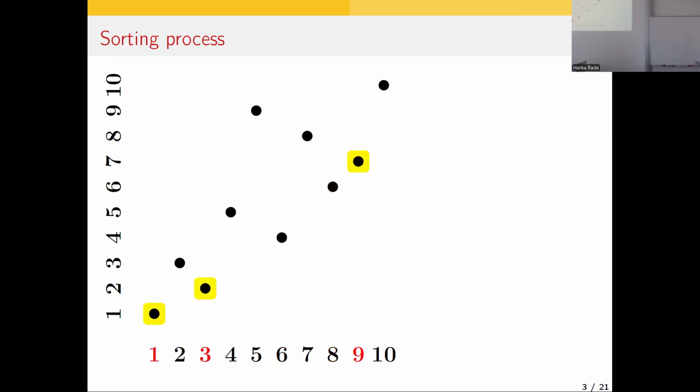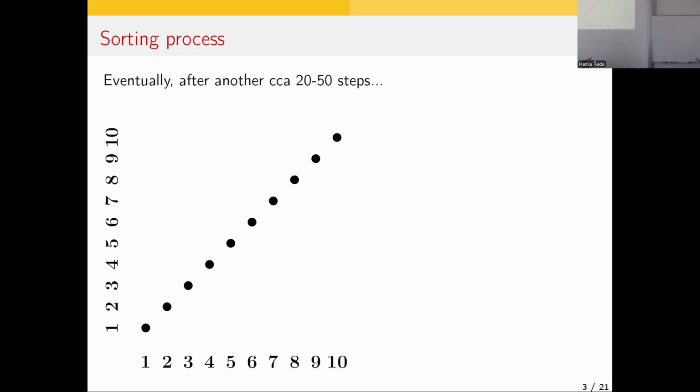And from some time, it will happen more and more often that we touch 3 points that are already ordered. So we do nothing, we just put them there. And in this way, the process slows down a lot. So after a lot of further steps, we get the ordered permutation.